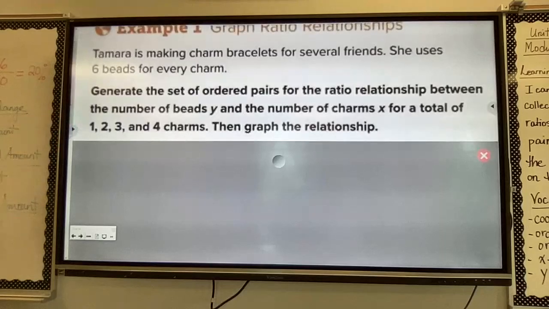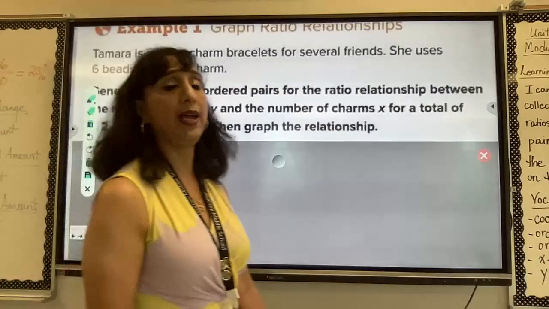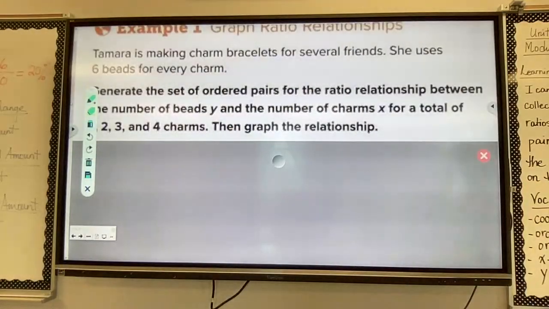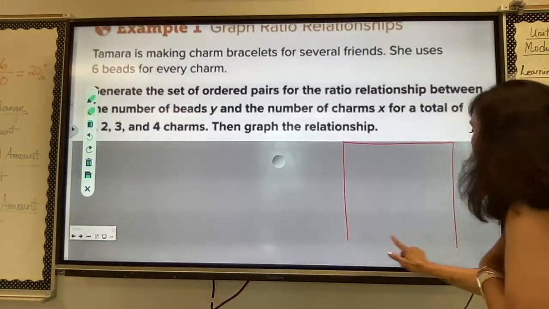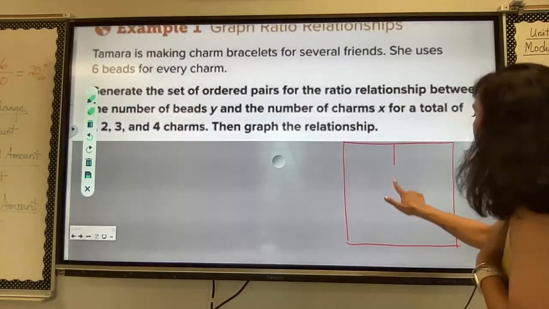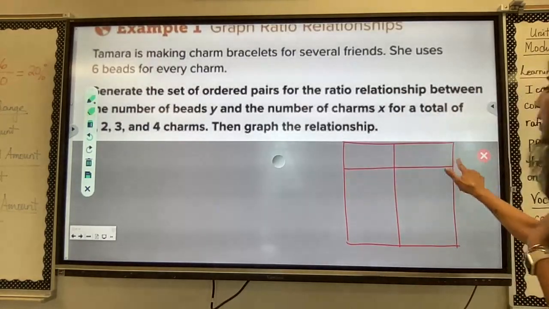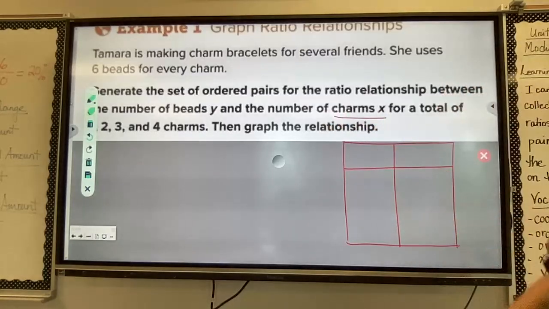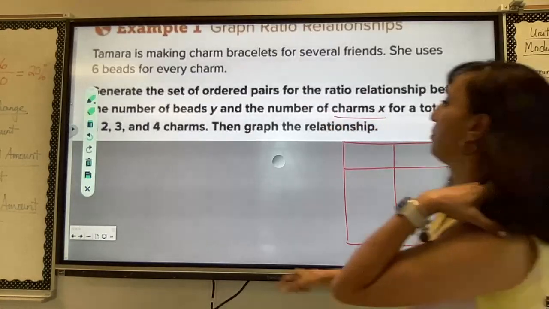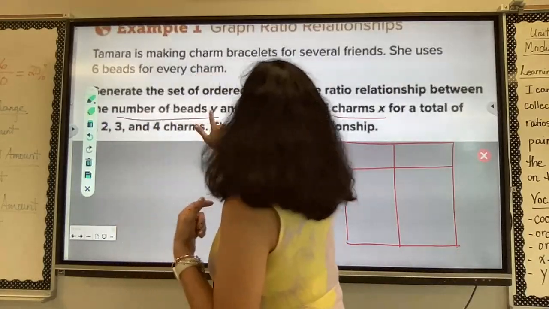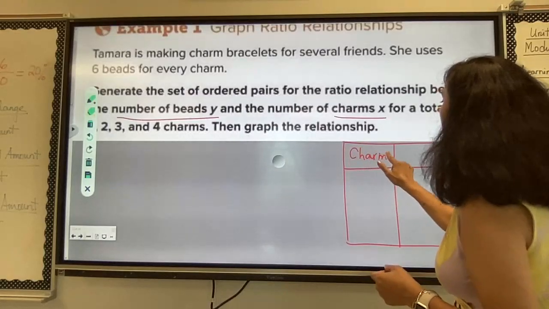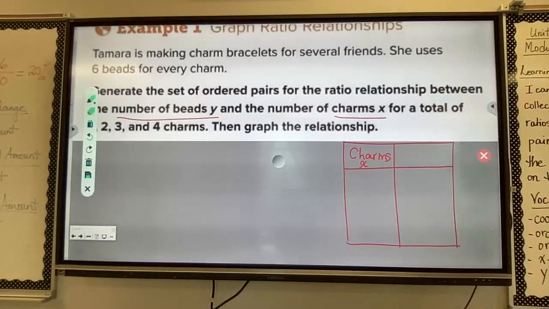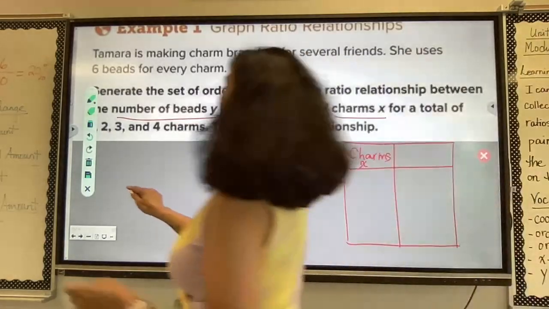So that you have the question in front of you. When we are making a table, I'm going to make this table over here. It's saying charms is X, and number of beads is Y. So this is charms, which is my X coordinate.